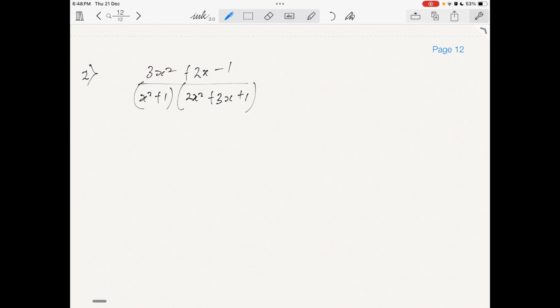Now to solve this, definitely we have x squared plus 1 and 2x squared plus 3x plus 1. So like we know before, this one is x squared, so at the numerator we have x to the power 1 and x to the power 0. This one is also x squared, so at the numerator we have x to the power 1 and x to the power 0.